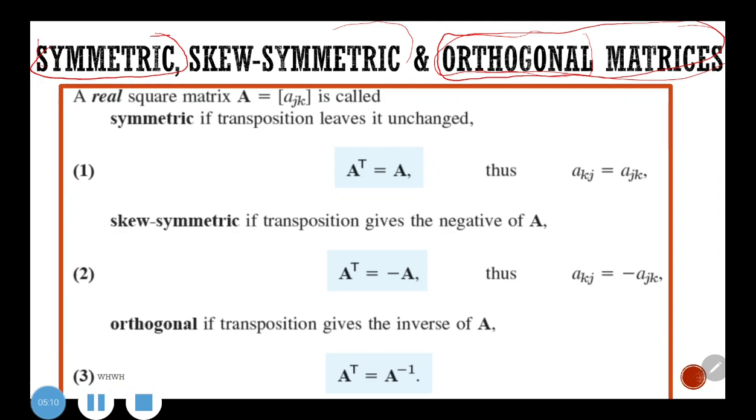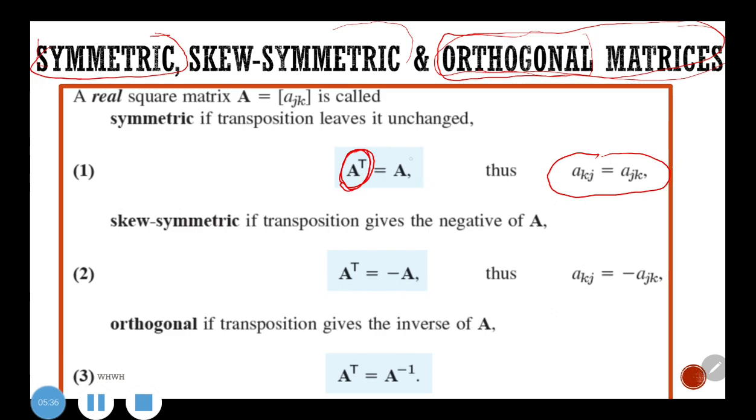Apa maksud symmetric? Ni dia tunjuk dah kat sini, AKJ is equals to AJK. Symmetric matrix: a real square matrix AJK is called symmetric if its transpose leaves it unchanged. Semua orang dah tahu apa ni, saya sure semua orang faham apa maksud A transpose.